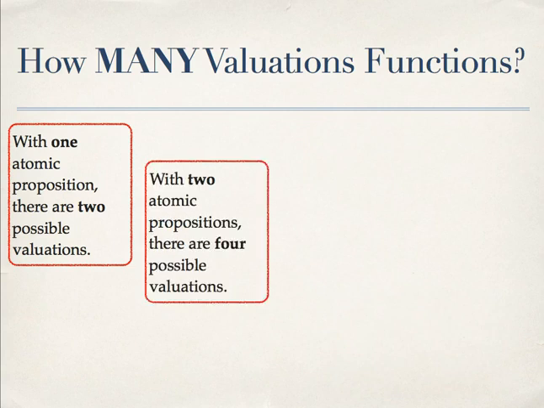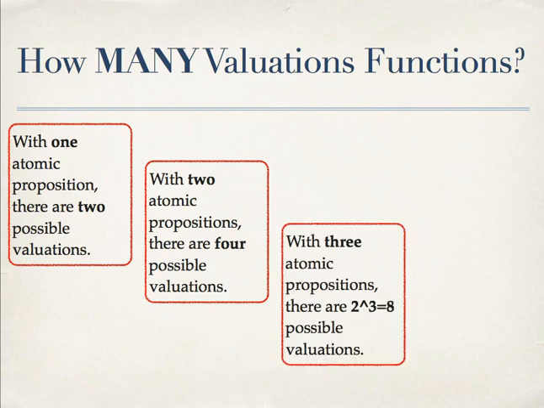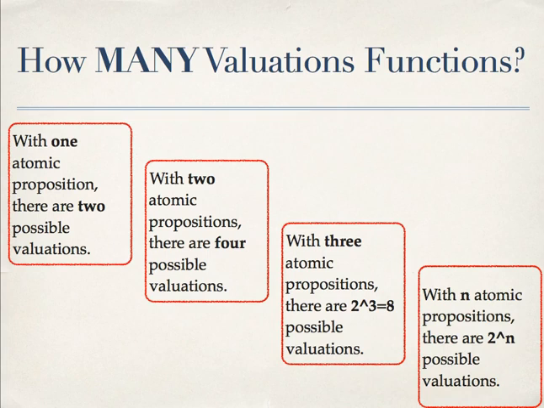If we are considering two atomic propositions, there are a total of 4 possible valuation functions. This is the example that we just saw with P and Q. If there are 3 atomic propositions, then there are a total of 2 to the power of 3, namely 8, possible valuation functions. I encourage you to write down all the possible combinations and convince yourself that indeed there are 8 possible valuation functions. If you want to generalize, then for n atomic propositions, there are a total of 2 to the power of n possible valuation functions.